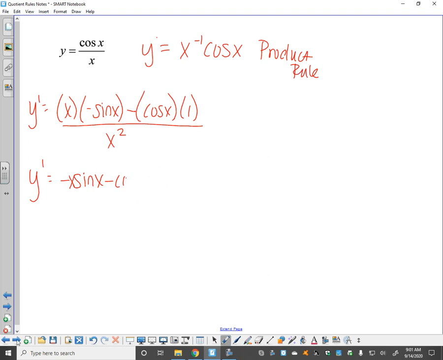Let's try that again. They could take a negative 1 out if they wanted to. Either way would be fine. Okay, I'm going to go product rule.